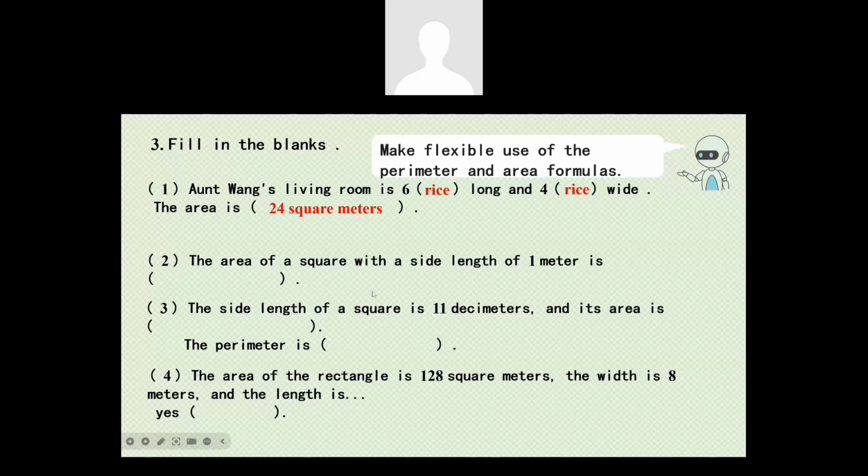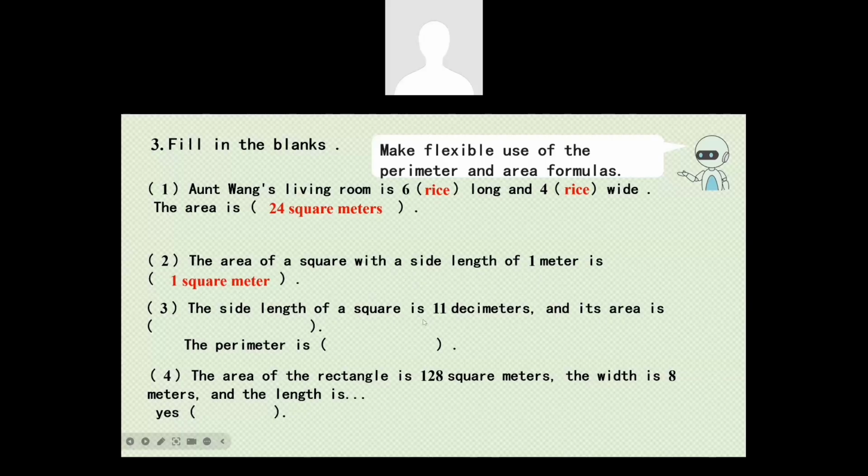Okay, the next question. The area of a square with a side length of 1 meter is 1 square meter.